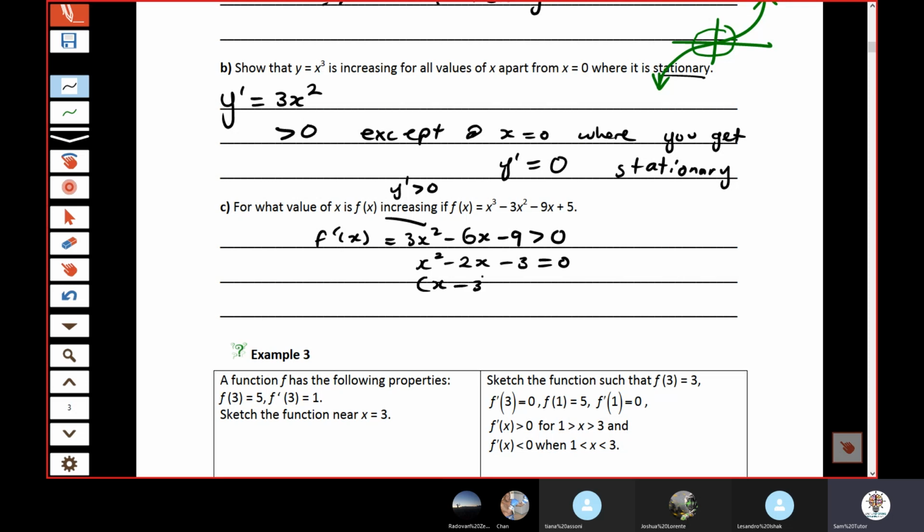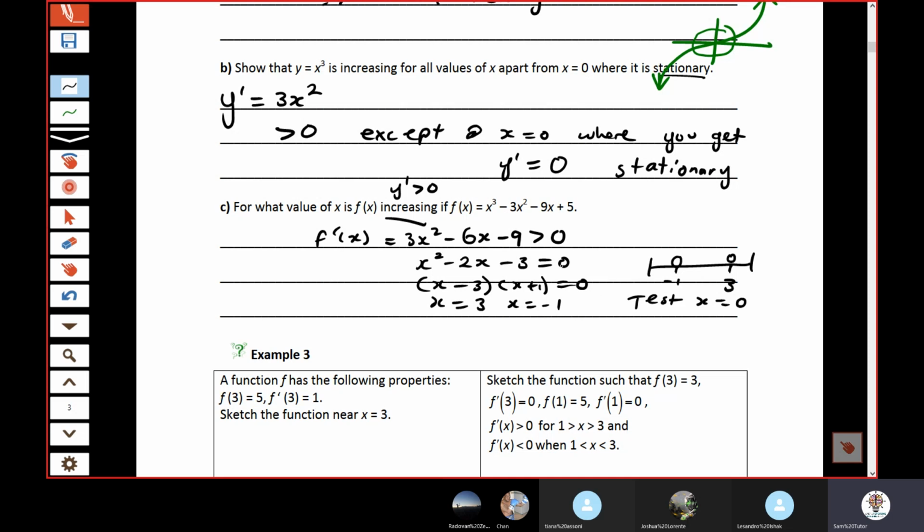And then I get x minus 3, x plus 1, x equals 3, x equals negative 1. Stop and draw on a number line. There's negative 1, there's positive 3, open circle. Test x equals 0, which is right here, into f dash.